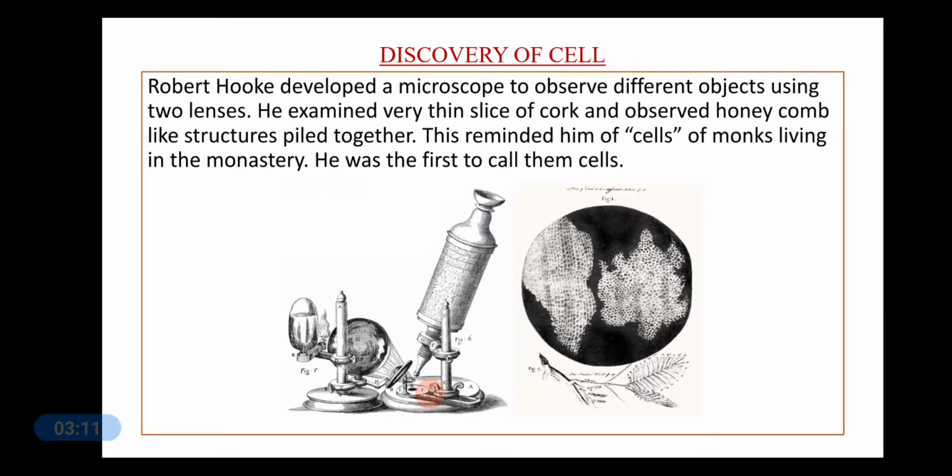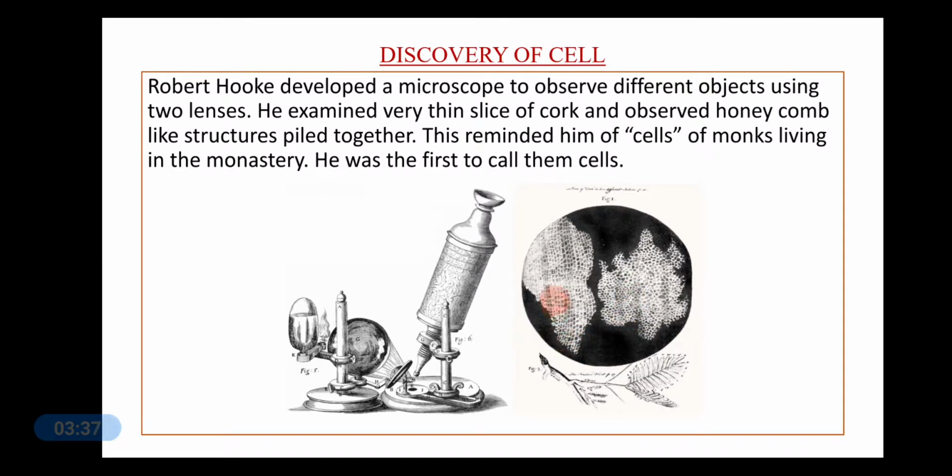Now, he had taken a thin slice of cork and observed it under this microscope. What he saw was honeycomb-like structures, as you see over here. This is a piece of cork seen under a microscope. You can see small dot-like or honeycomb-like structures which are piled together.